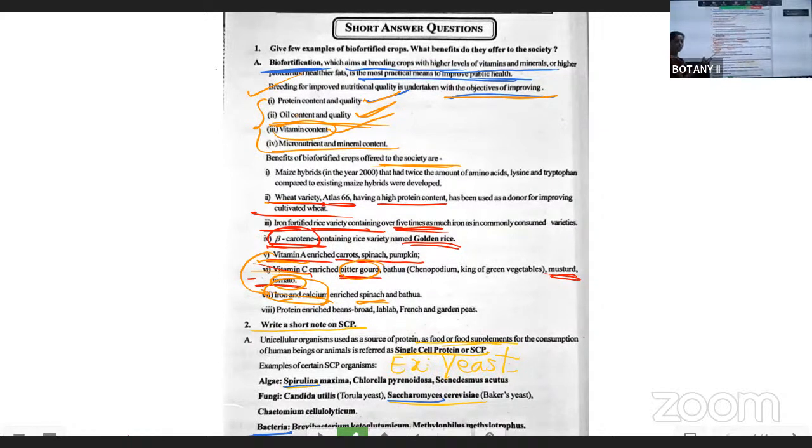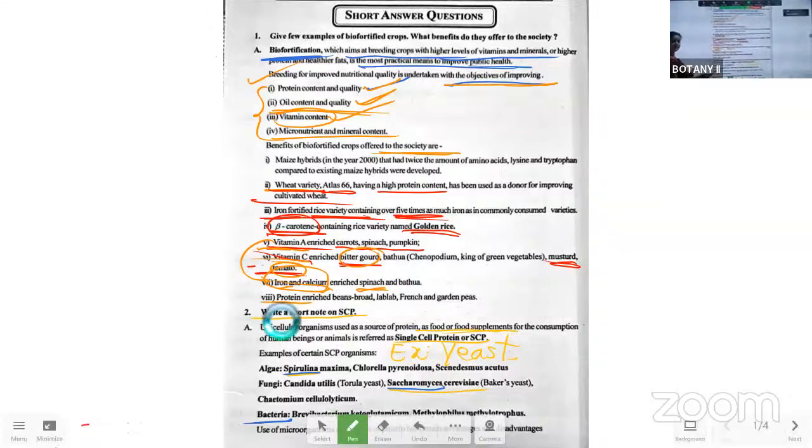French beans, broad beans, local beans, cluster beans, everything we eat now. In those, if we increase the protein contents, then that will be good for our diet itself. That is broad beans. Otherwise, you can give only one example, broad beans, or else French beans.